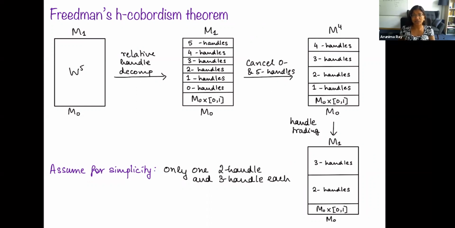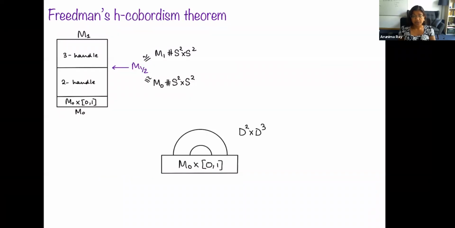The argument does not change very much. It just becomes more complicated to talk about all the pieces. So I invite you to think about what to do when there's some finite number of 2-handles and 3-handles instead. Of course, the number of 2-handles and 3-handles will be equal. So in this situation, let's assume we have a single 2-handle and a single 3-handle.